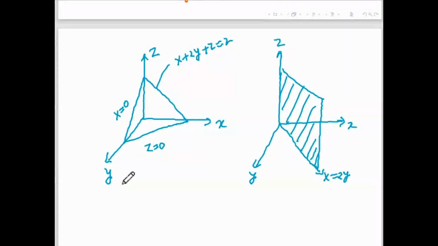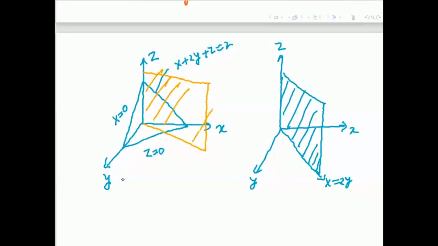In the previous example, y equal to 0 is given. That means this side is also bounded by this plane y equal to 0, but this time in this example, y equal to 0 is not there. Instead of y equal to 0, this plane is there, x equal to 2y. So if we draw x equal to 2y, I'm putting x equal to 2y, something like this. That means this plane will come. This is x equal to 2y.